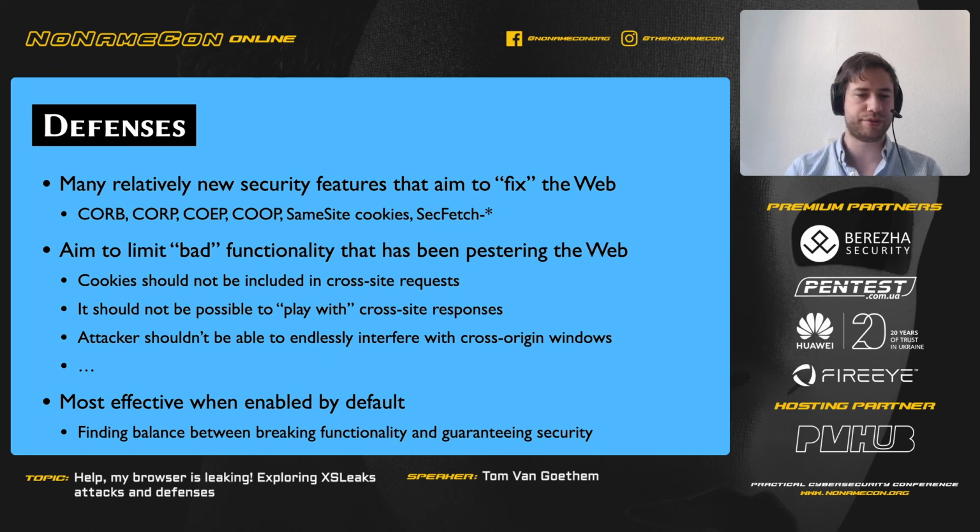Some examples are cross-origin read blocking, cross-origin resource blocking, the cross-origin resource policy, the cross-origin embedder policy, the cross-origin opener policy, same-site cookies and the Sec-Fetch headers. I won't go into much detail on all the individual defenses, but I strongly advise people to look them up online.